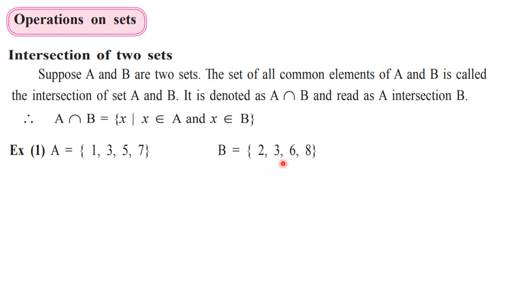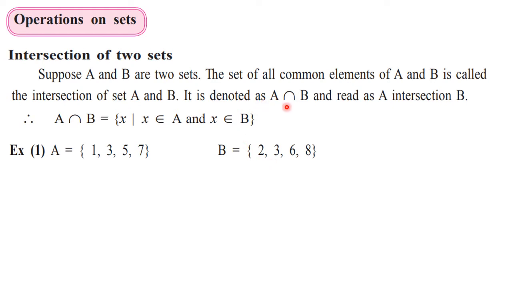Then the intersection of these two sets is the set of all common elements of A and B. That means the element should be present in A also and it should be present in B also. So such set is called as intersection set of A and B.